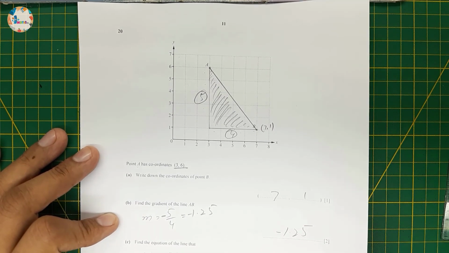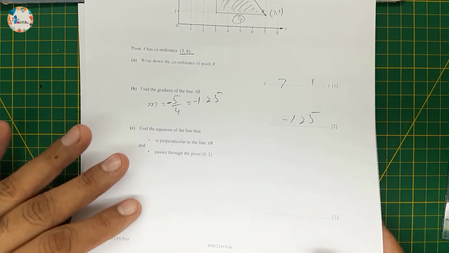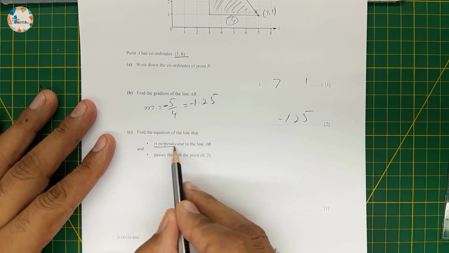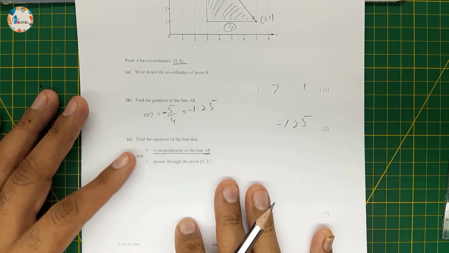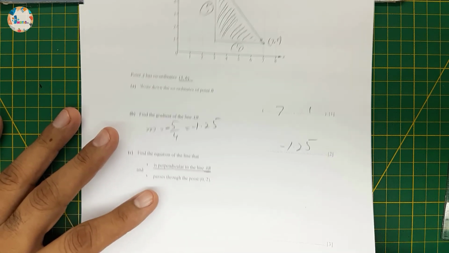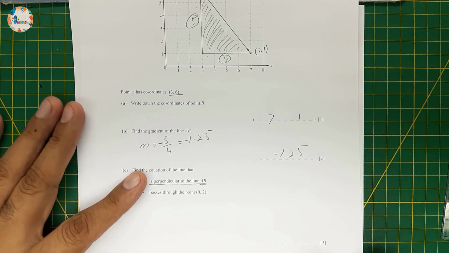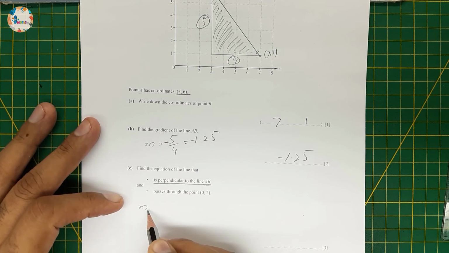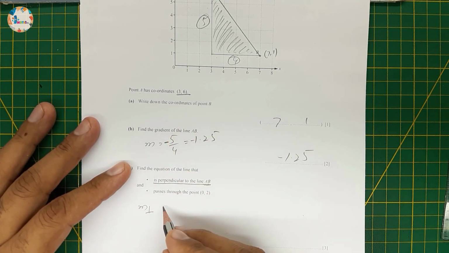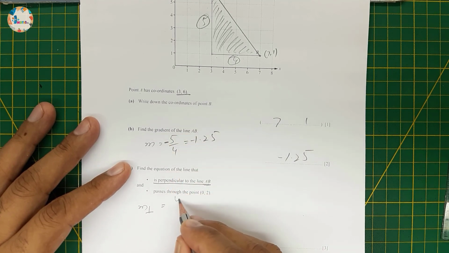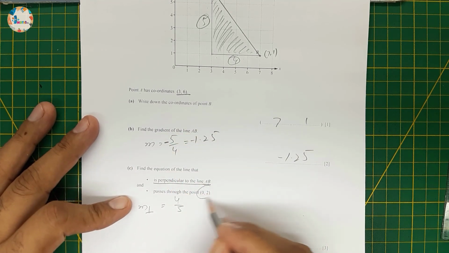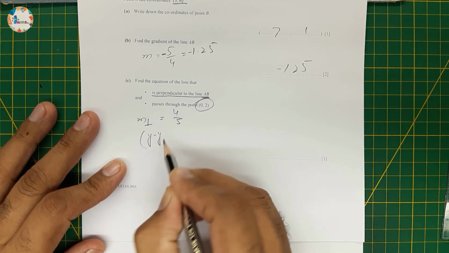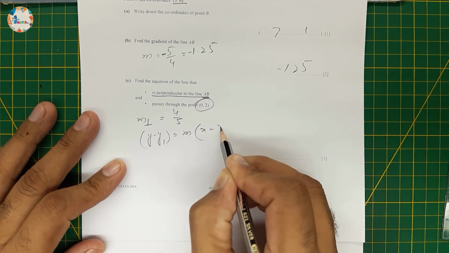Now part C, they are saying find the equation of the line that is perpendicular to line AB. So line AB is this one, for which the gradient is this. For the line perpendicular to this, m perpendicular will be the reciprocal with the sign changed, so 4 by 5 will be the gradient, and the point is 0 and 2. So we can directly write the formula y minus y1 is equal to m into x minus x1.